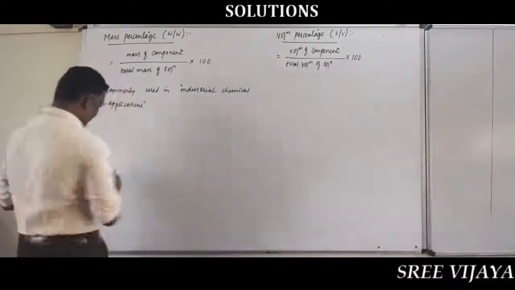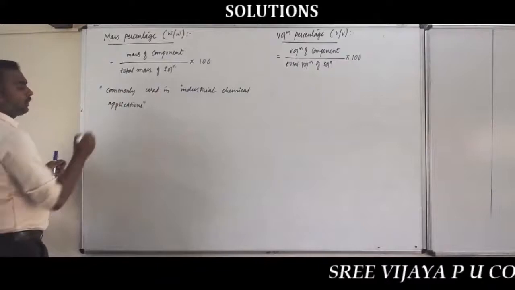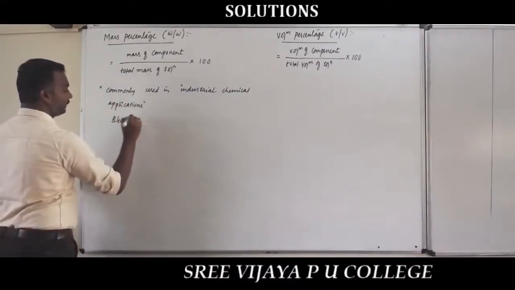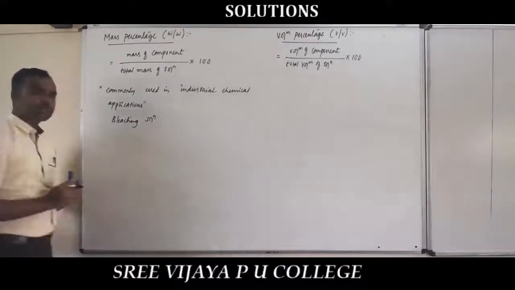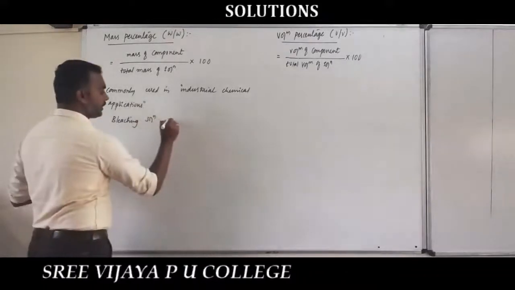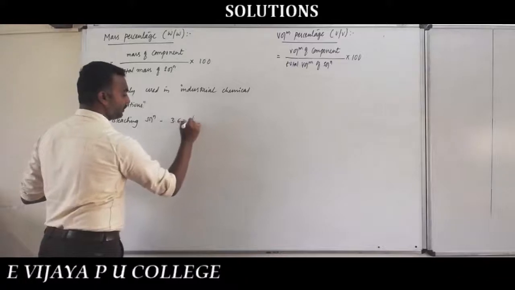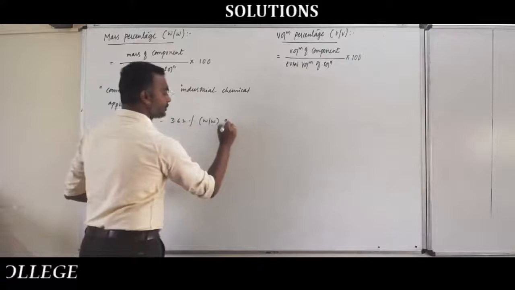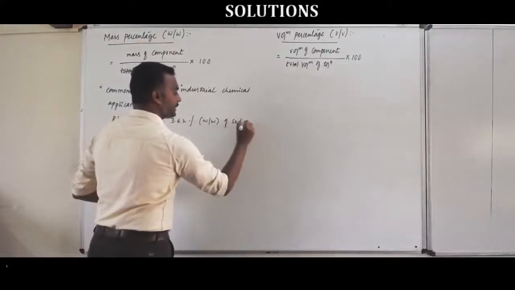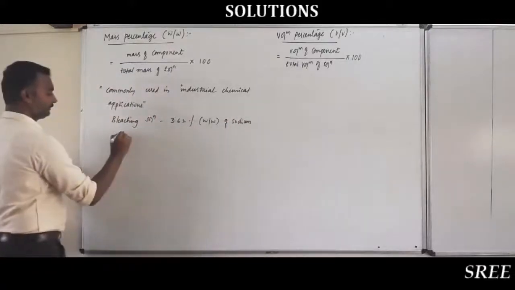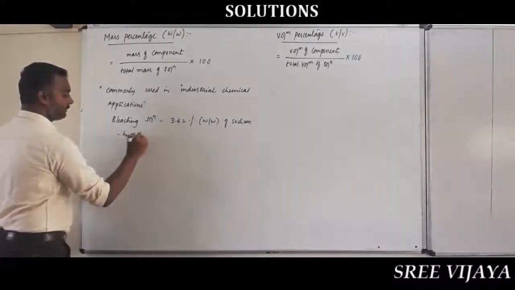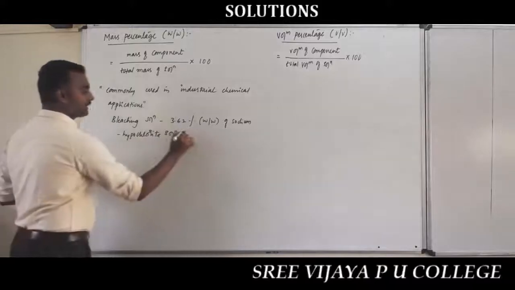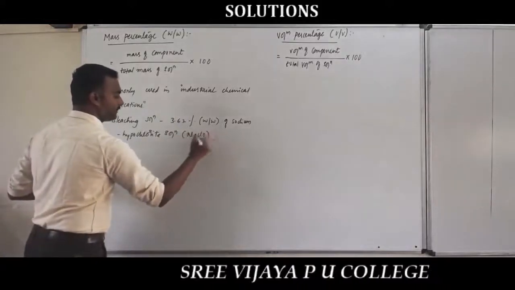So one simple example. For example, a commonly used bleaching solution consists of 3.62% W by W of sodium hypochlorite solution, nothing but NaClO solution.